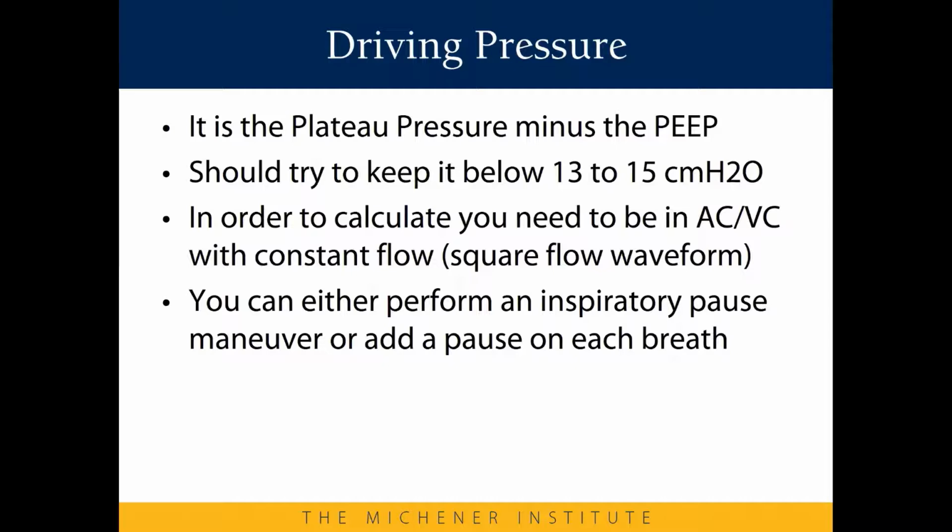And that's the pressure that will be felt inside the lungs and be causing barotrauma or volutrauma to the lungs. So they say you should target to keep it less than 15, but ideally, if you can keep it lower than 13, that's even better.